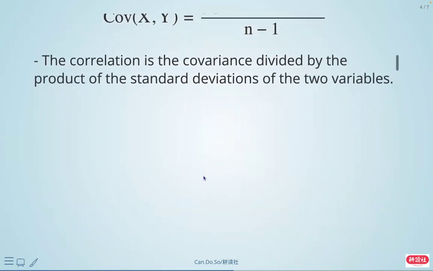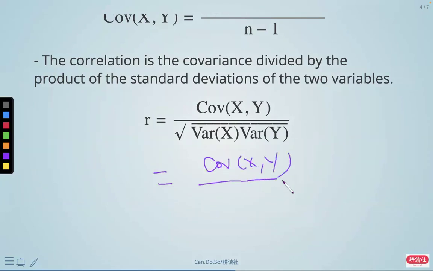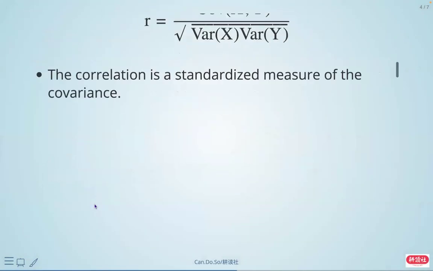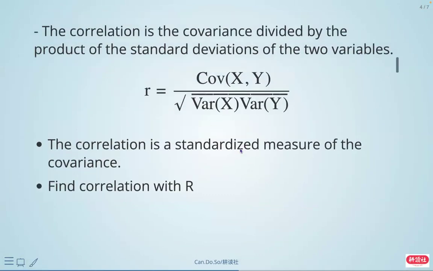So the correlation is the covariance divided by the product of the standard deviations of the two variables. So the correlation is a standardized measure of the covariance.